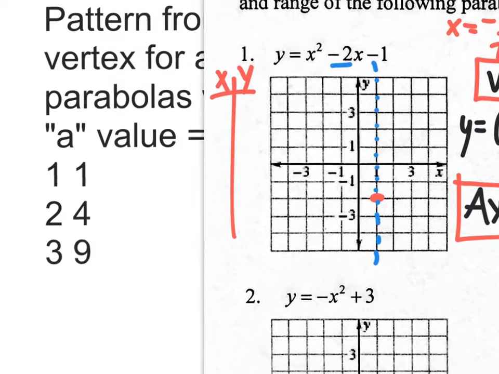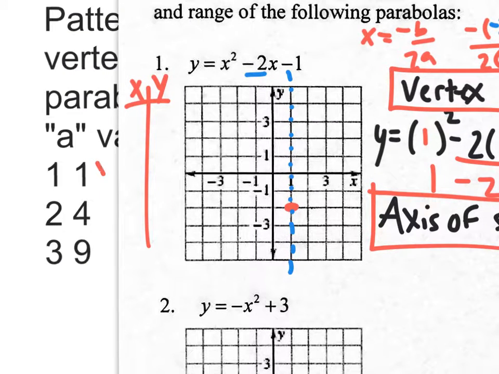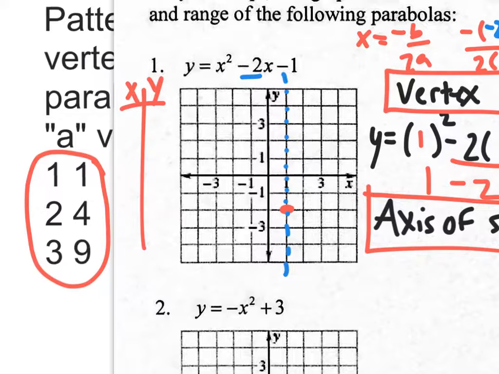However, if we know this pattern right here, this beautiful pattern of 1, 1, 2, 4, 3, 9, only because it's the a value of 1, we could actually go to the vertex itself and go 1 over 1 up, and you get to that point right there. So that would be the pattern 1, 1 from the vertex. If you go back to the vertex and you go 2 over, 1, 2, 4 up, 1, 2, 3, 4, you'd be right there at the coordinate 3, 2.